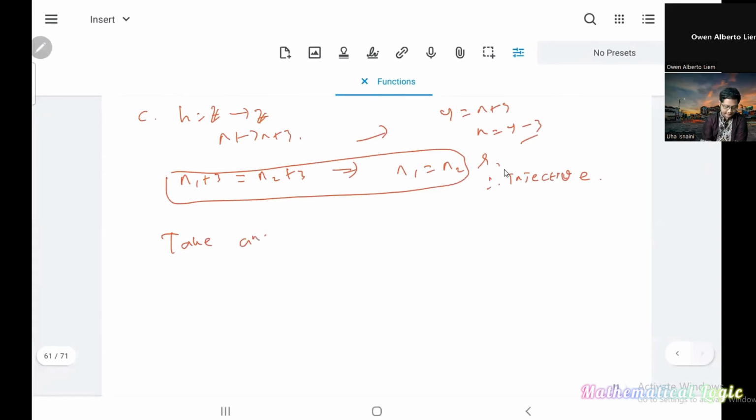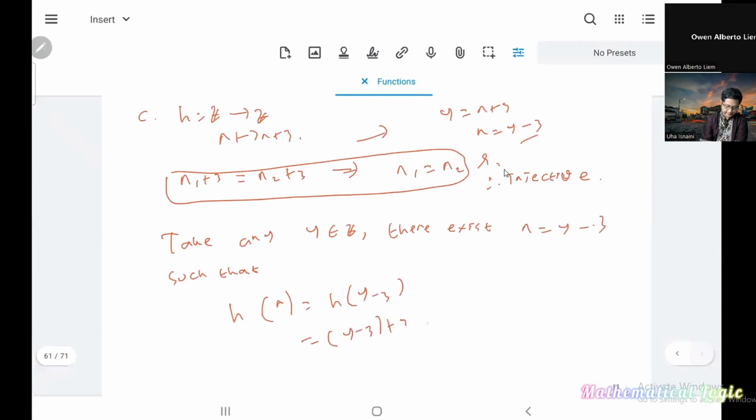So take any y in Z, there exists your n equal to y minus 3, such that h of n is h of y minus 3, which is y minus 3 plus 3. So it will be equal to y. So this one is surjective.